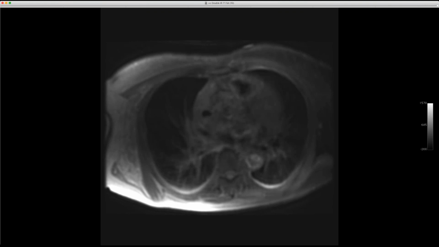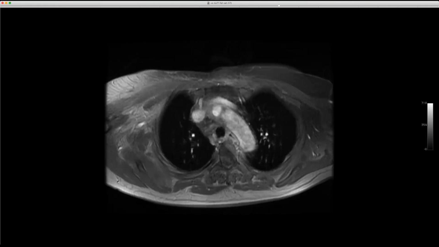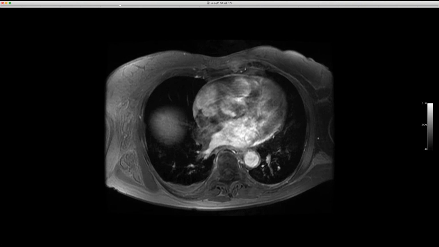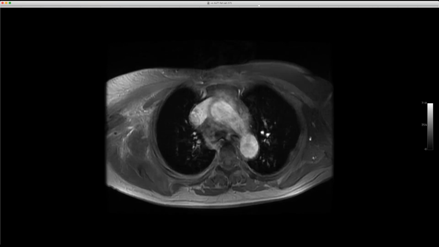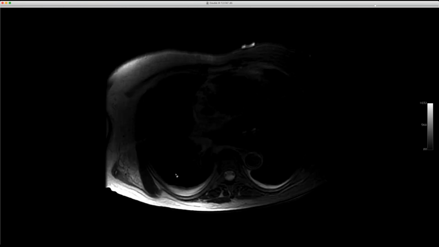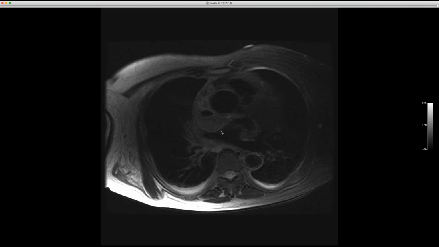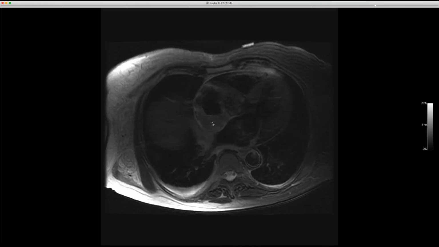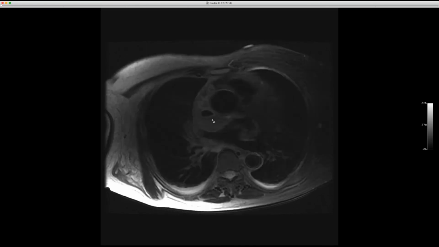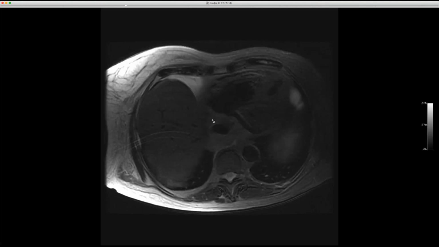I thought I had a different contrast enhanced sequence, but that does show it pretty well. Here's a delayed enhancement. There we go. And you can see all this tissue in there, kind of narrowing the IVC, the right atrium and all that.